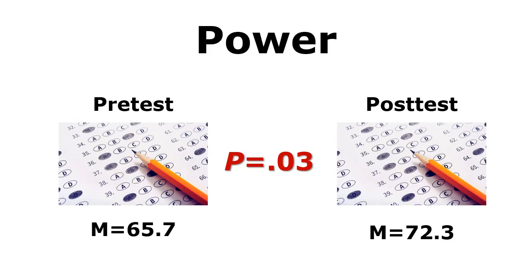The power of a test is a measure of its ability to avoid a type 2 error. So in this example of using a t-test to determine if the observed improvement in scores is significant, that is, the same improvement would be seen if you tested again and again, the power of the t-test would help you determine if the difference is valid and reliable, if that difference really is real.